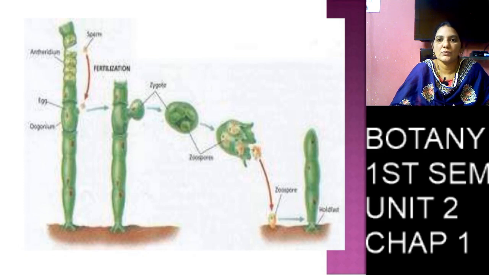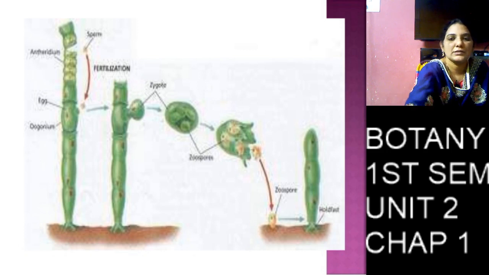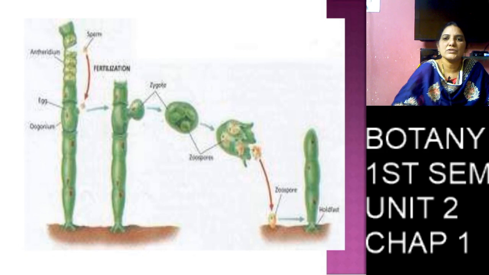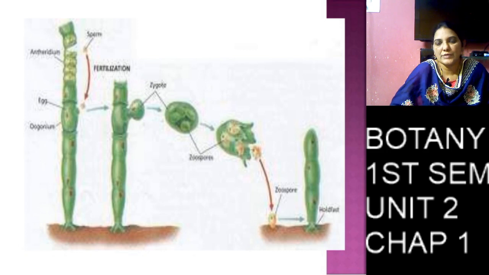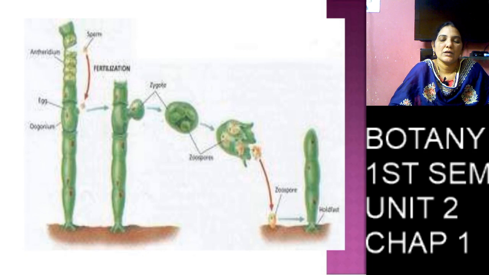Only one androspore fuses with one egg cell, and they form one zygote. Here the zygote is in the diploid stage. The zygote divides into four haploid spores, and they grow into the new thallus.